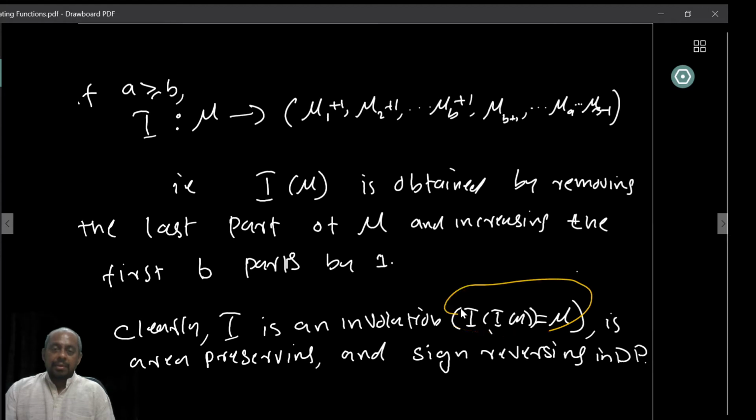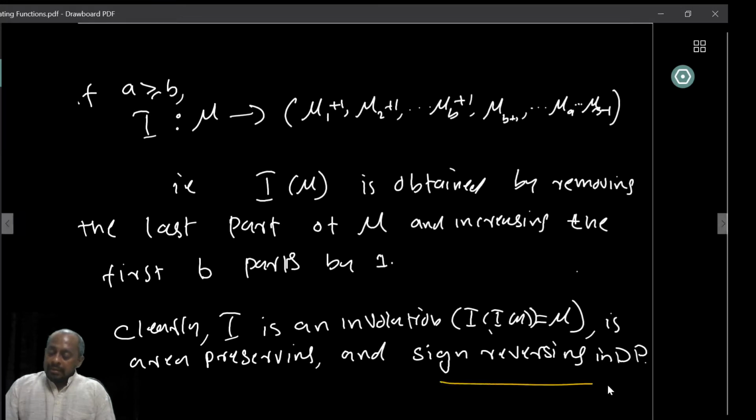Easy to verify. Now this is area preserving, because I am not changing the total: whatever I subtract, I add as a part, or whatever I add, I delete from that particular part.